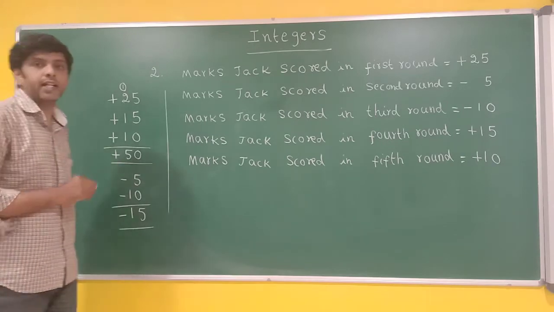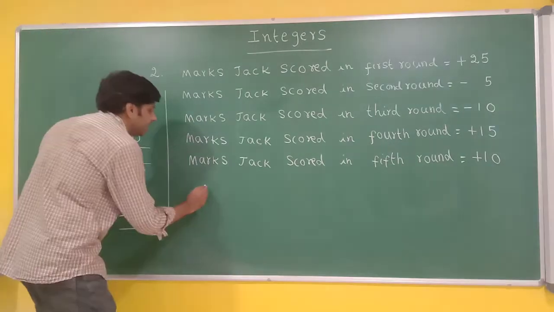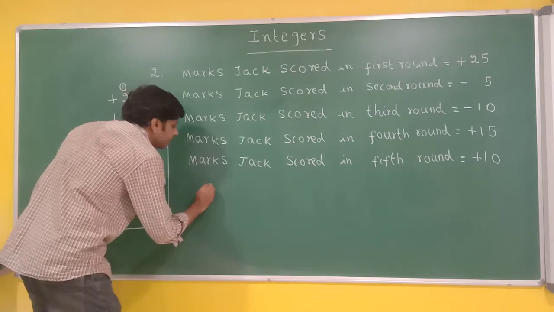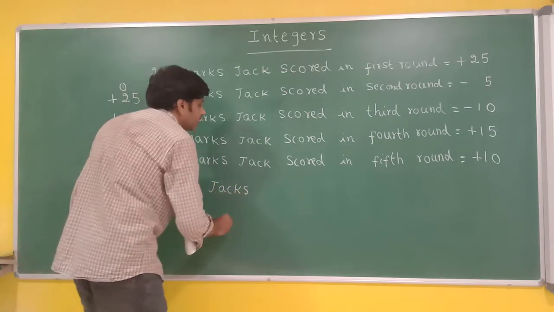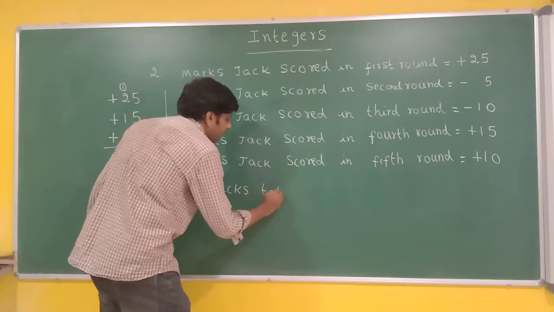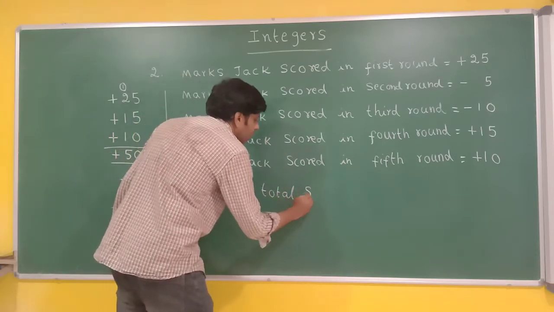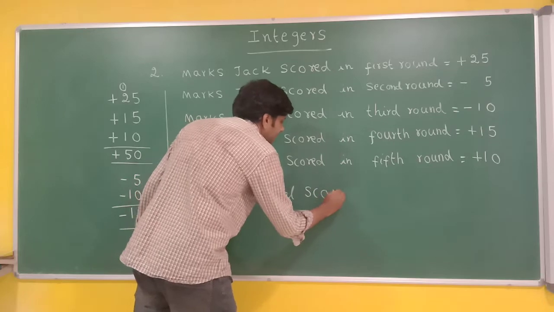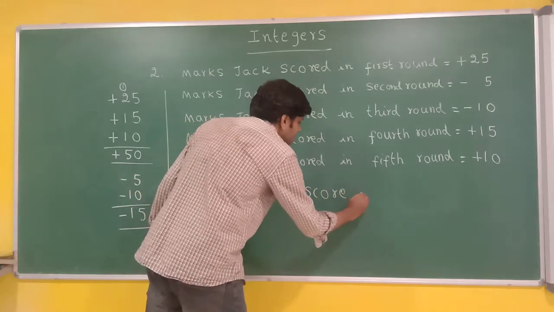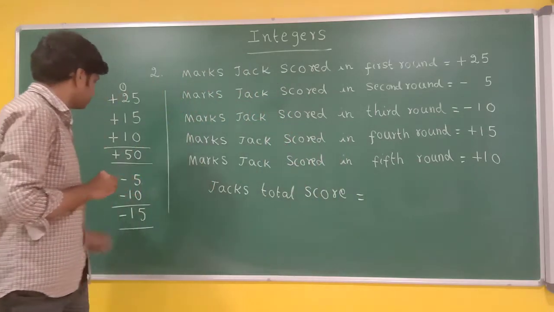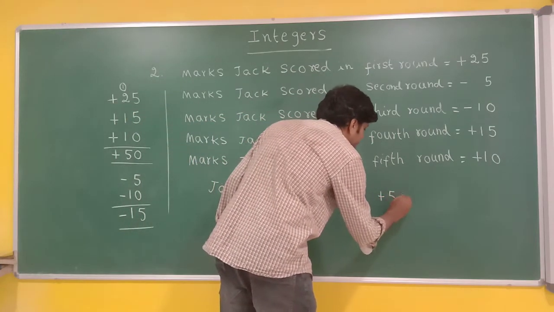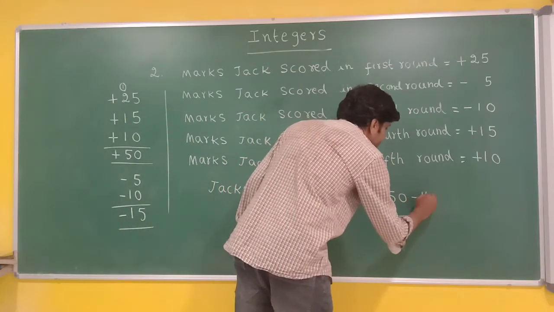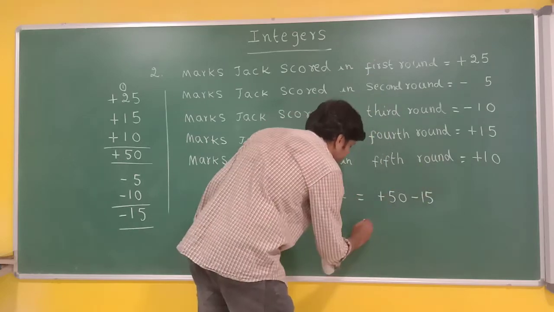Now I am going to write the last step. Observe carefully. Jack's total score: plus 50 minus 15.